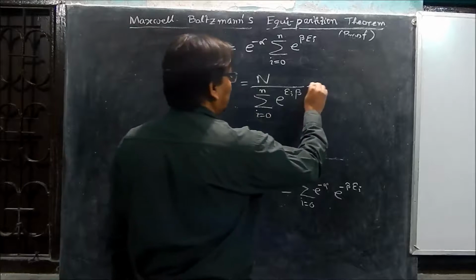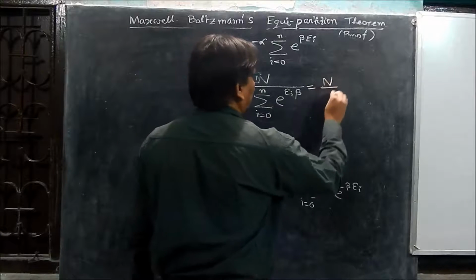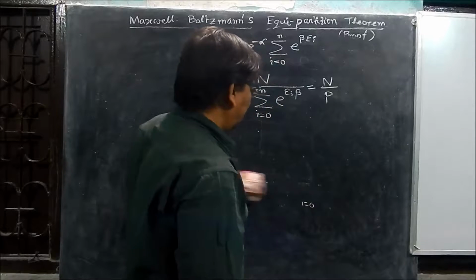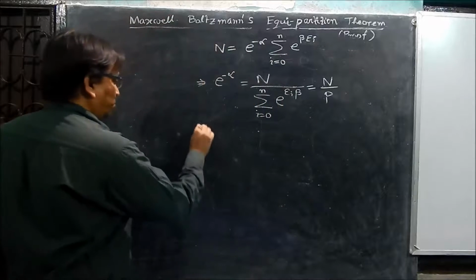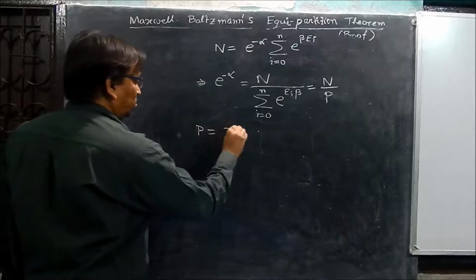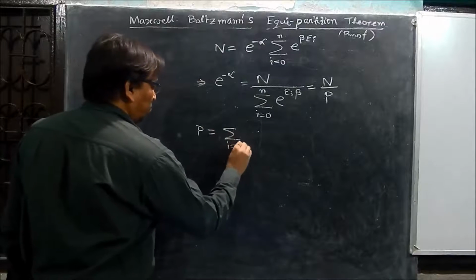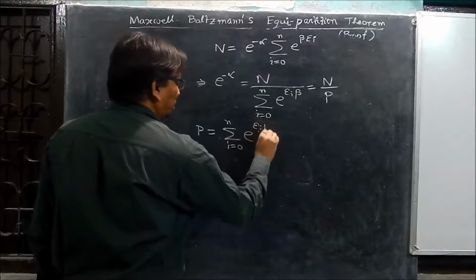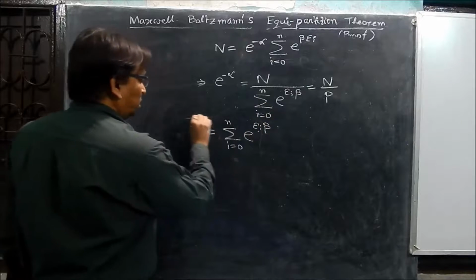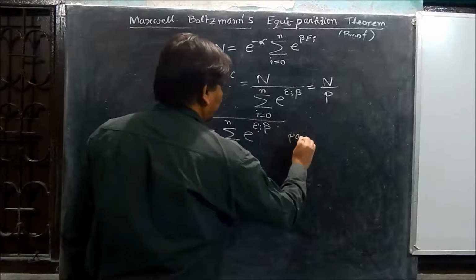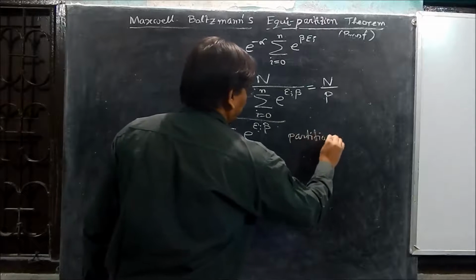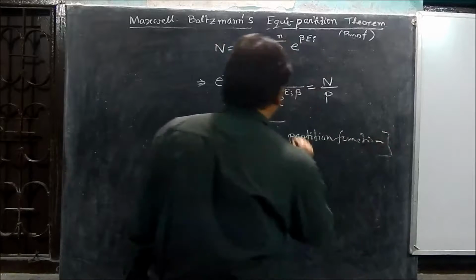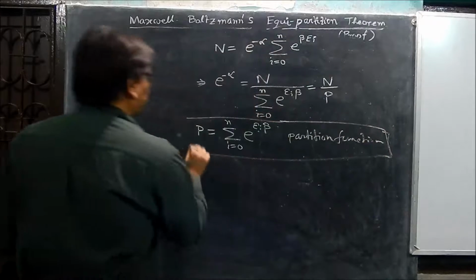So he wrote it in this format, n by p, where p is called the partition function. So p is equal to the summation over i equal to 0 to n of e to the power minus epsilon i beta. This is called the partition function.